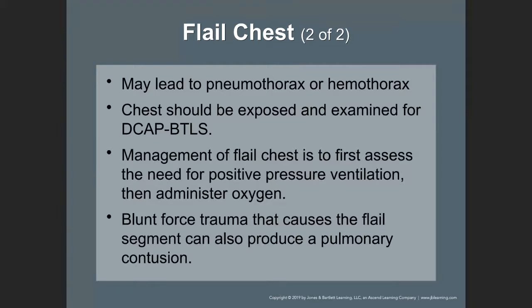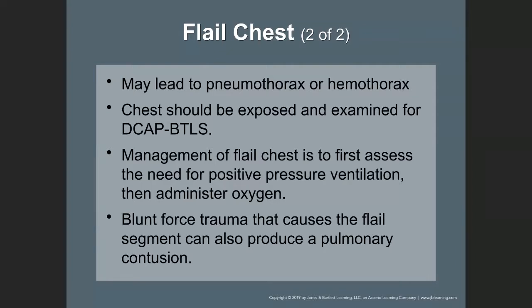It may lead to a pneumothorax or hemothorax. Chest should be exposed and examined for DCAP-BTLS. Management of flail chest is to first assess the need for positive pressure ventilation, then administer oxygen.